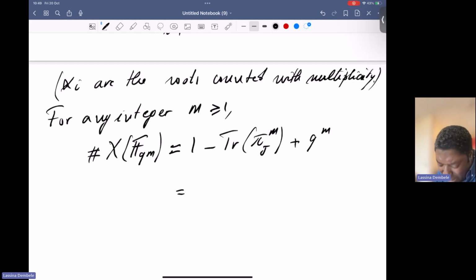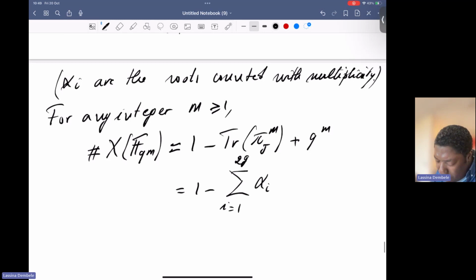So you can rewrite this as 1 minus the sum from i going from 1 to 2g, alpha i to the m plus q to the m. So this is already some kind of a hint when I was telling you earlier that the curve tells you a lot about the Jacobian, and the Jacobian tells you a lot about the curve. So this proposition is the first hint in that direction.